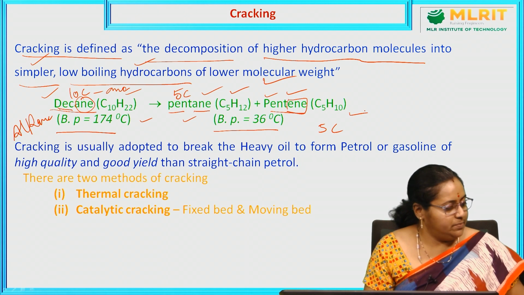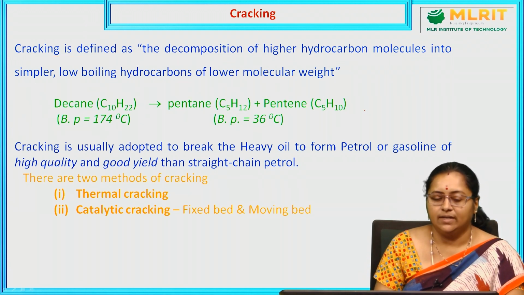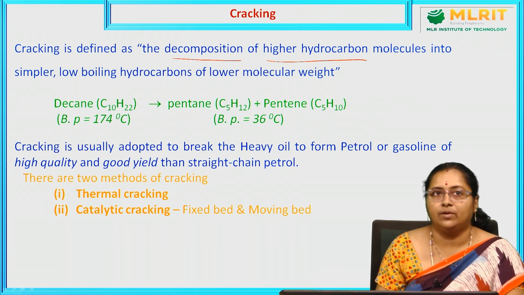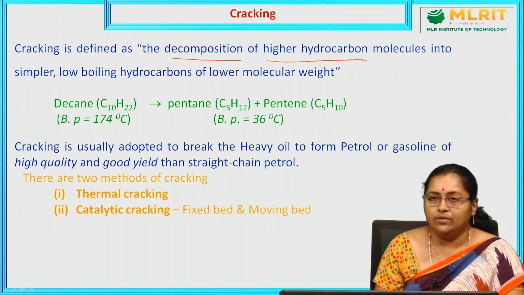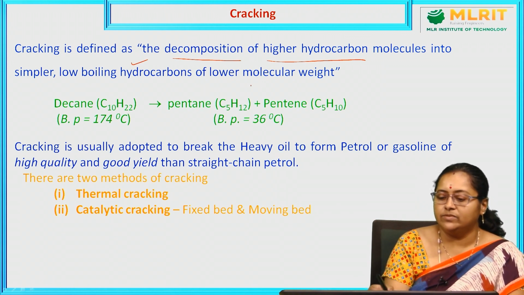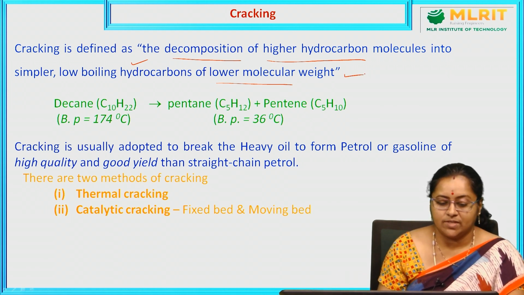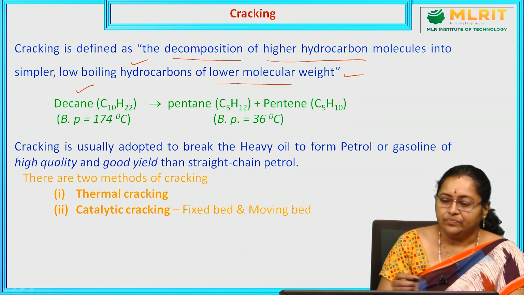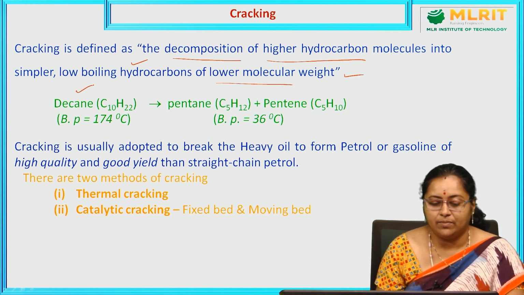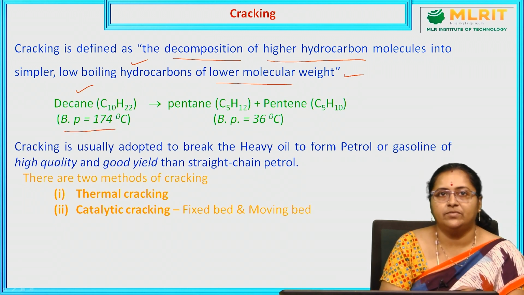See, this is a simple example of the cracking process. As I told you, cracking is the process in which the decomposition of higher hydrocarbon molecules is carried out to produce simple low boiling hydrocarbons which have low molecular weight. Here, I have considered a higher hydrocarbon, decane, whose molecular formula is C10H22, and it possesses a boiling point of 174 degrees centigrade.